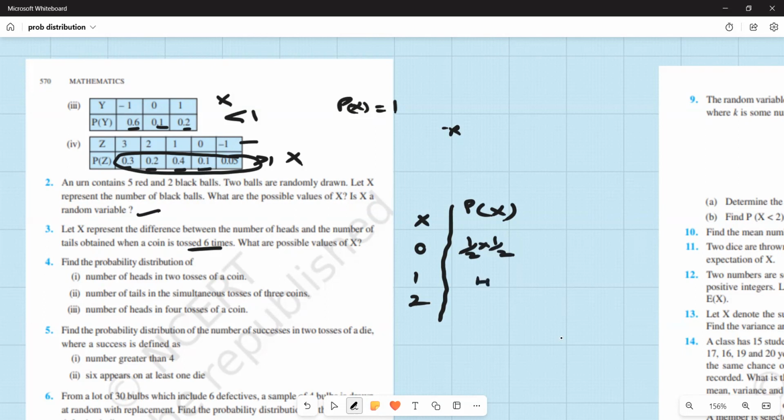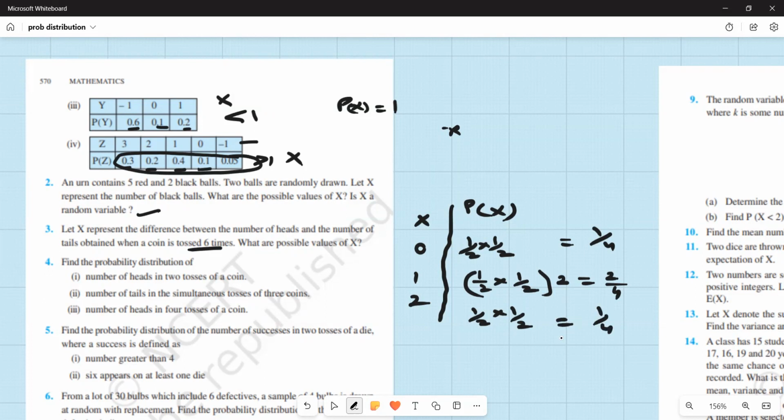If one head, one tail, then it can also be tail, head. So 1 by 2 for head, 1 by 2 for tail, and multiply this by 2. And if both are heads, it is 1 by 2 into 1 by 2. So this is 1 by 4, this is 2 by 4, and this is 1 by 4.